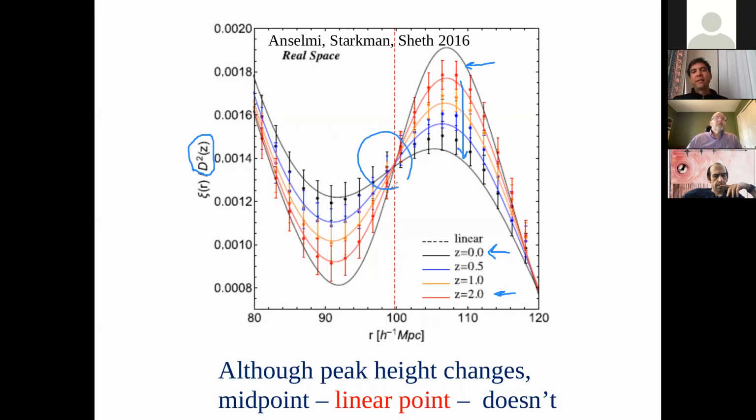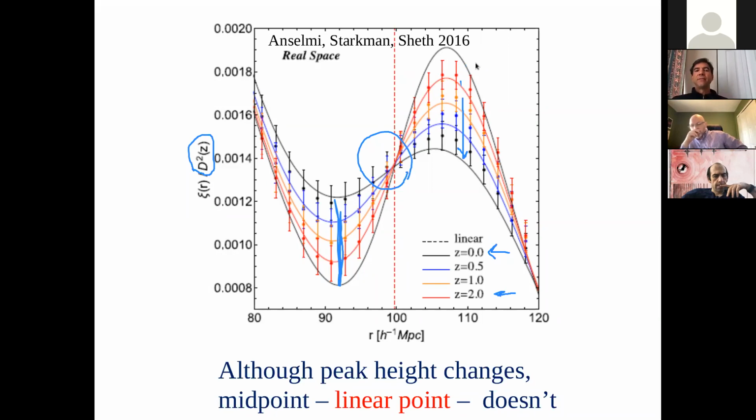But this position didn't evolve, okay? So the height of the peak is changing a lot because of the smearing. The height of the dip is changing a lot because of the smearing, but the point in between is not changing.